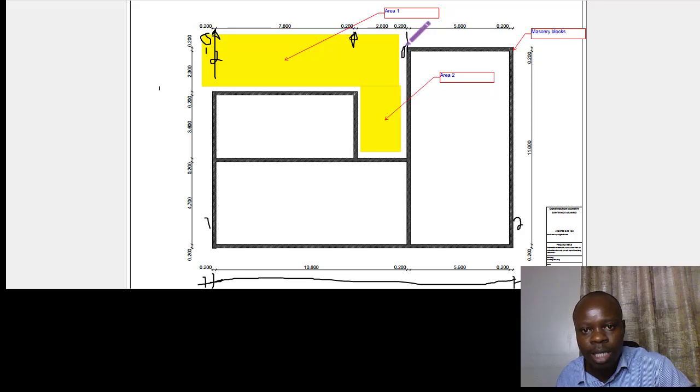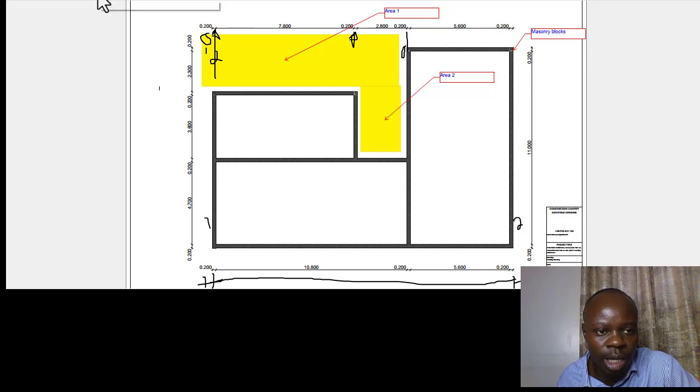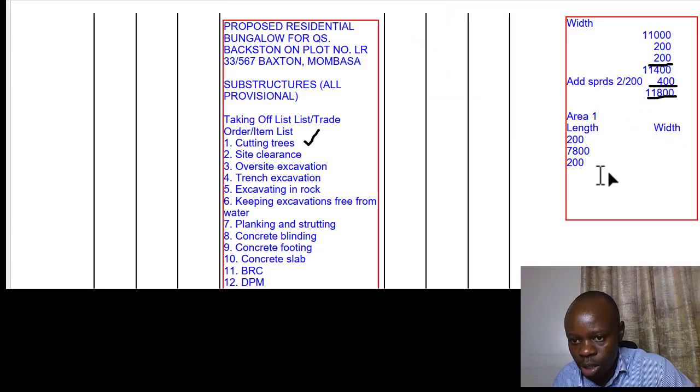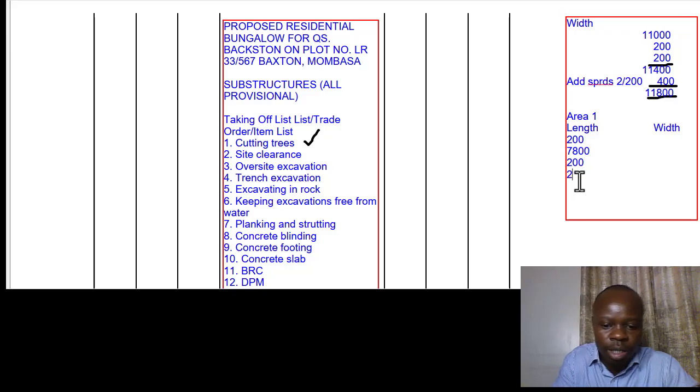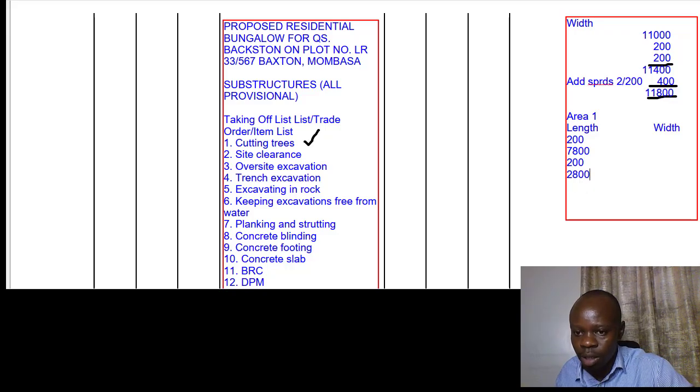Of course, we less 200 from the 2,800 so that we see what is remaining. 200, then we add 2,800. Then we subtract 200 from that sum.